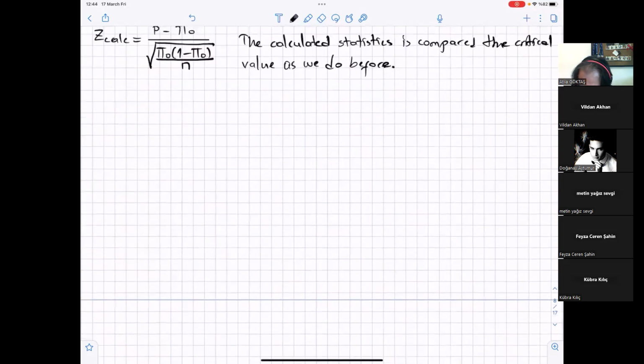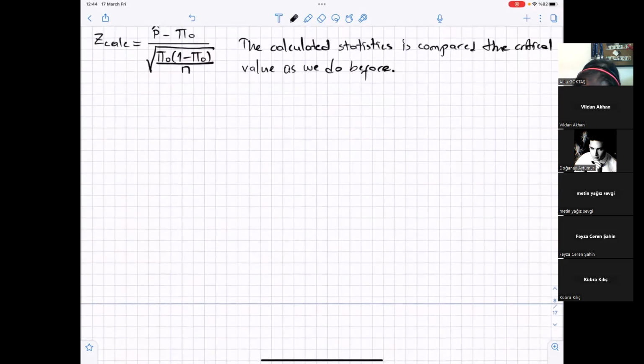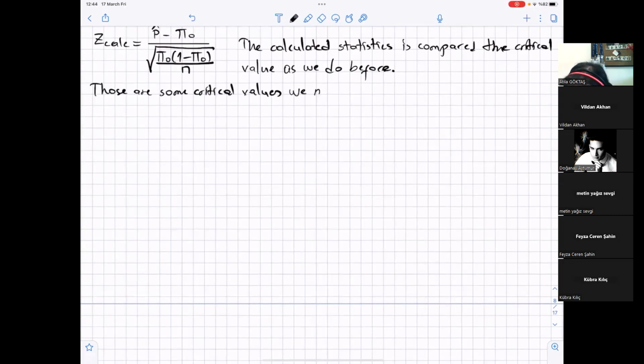Okay. And there are some critical values. Let me show you some critical values we mostly encounter.